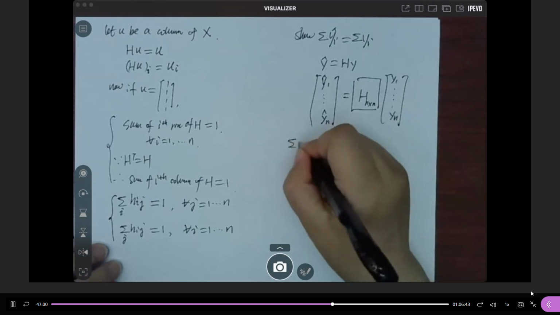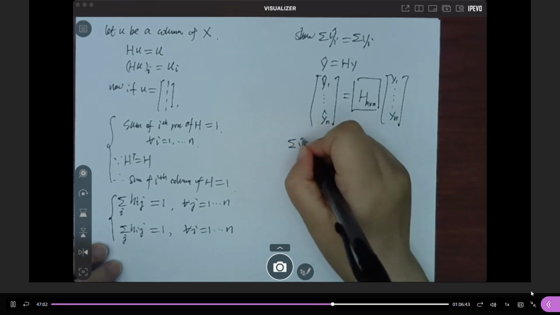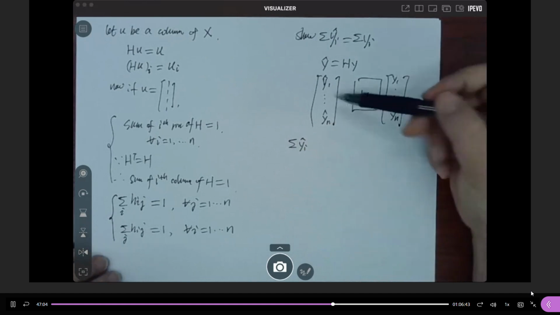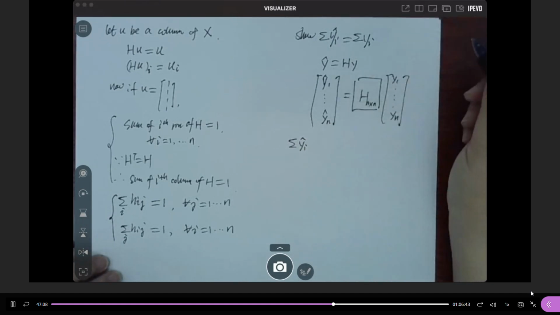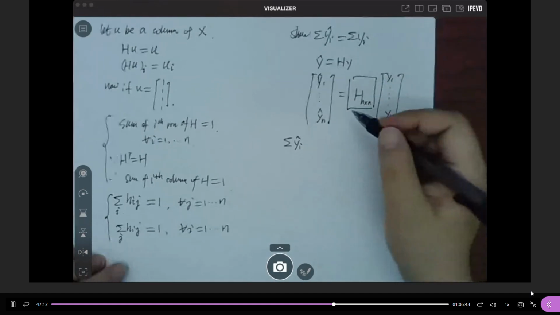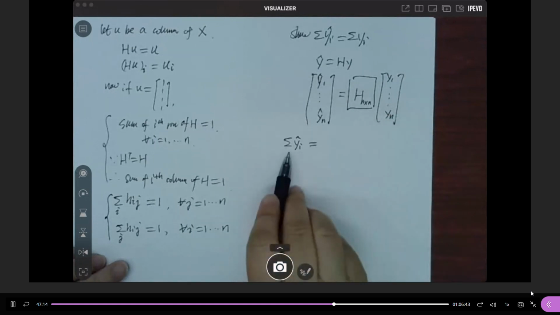All right. So what is the summation of yi hat? That is the summation of all the elements in the vector, right? So you may just write out what each yi hat is, and leave the summation to the last step, the outer loop.